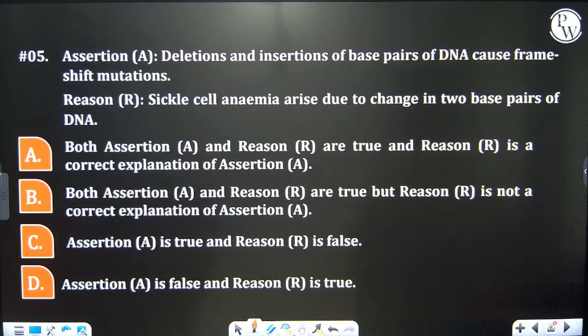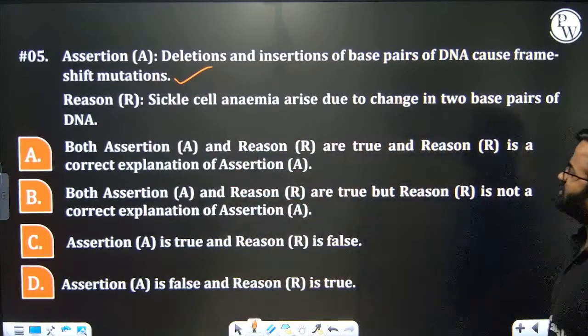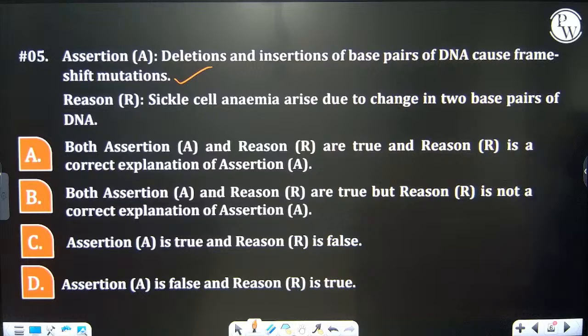Next, deletions and insertions of base pairs of DNA cause frame shift mutations, which is true. Sickle cell anemia arises due to change in two base pairs of DNA.